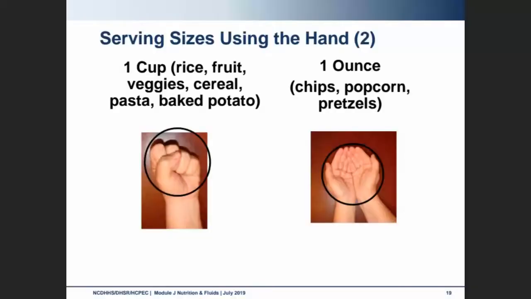One serving size of something like rice or fruit or pasta is the size of our fist. Things like chips or popcorn or pretzels, about 2 handfuls, that's about 1 ounce or 1 serving size of those items.